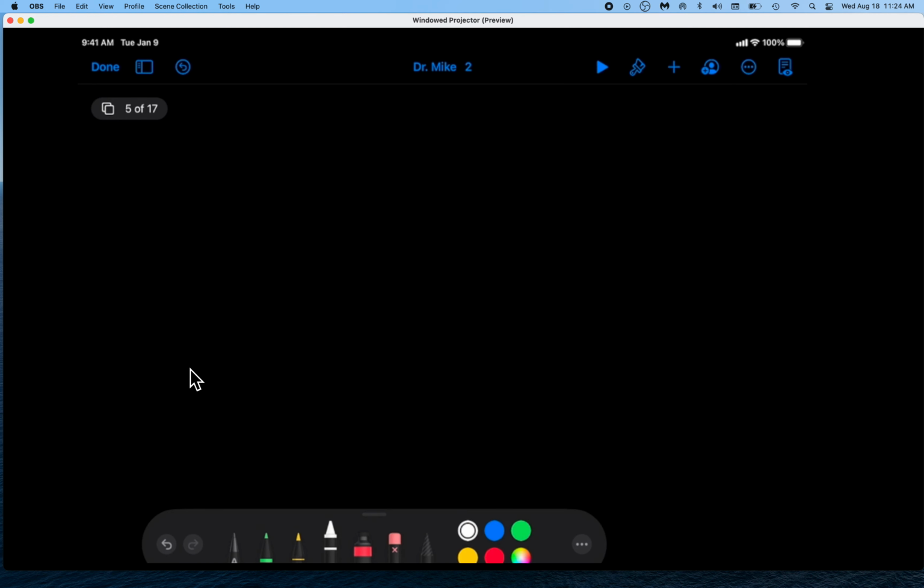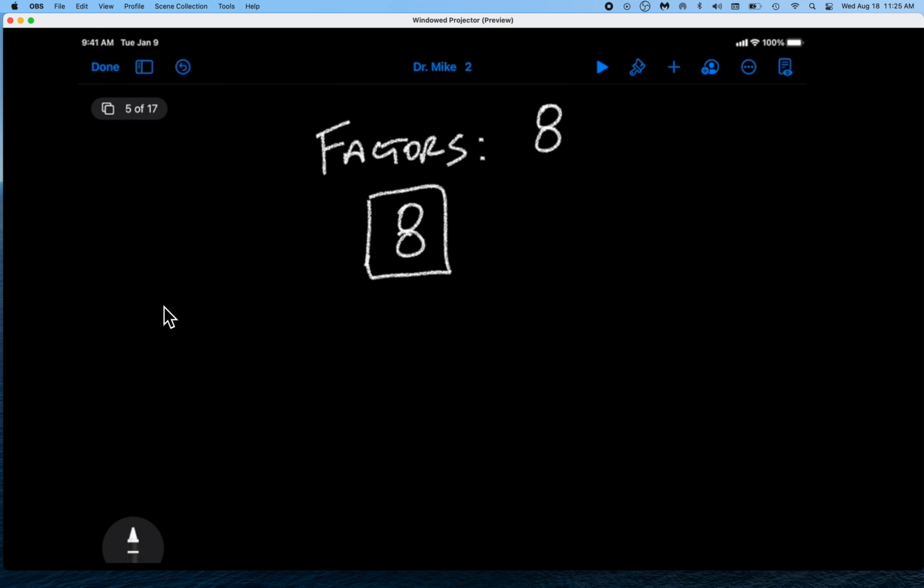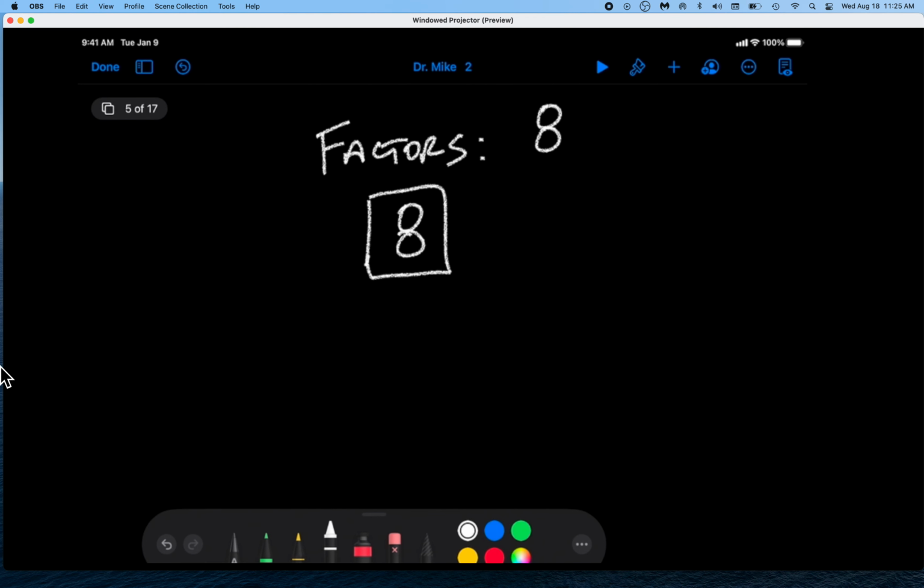Suppose you were asked in class to provide the factors of the number 8. Okay, what I like to do with my students is go ahead and put that number in question in a box. And then what we want to do over here is come up with all the numbers that can be multiplied together to result in the number 8.